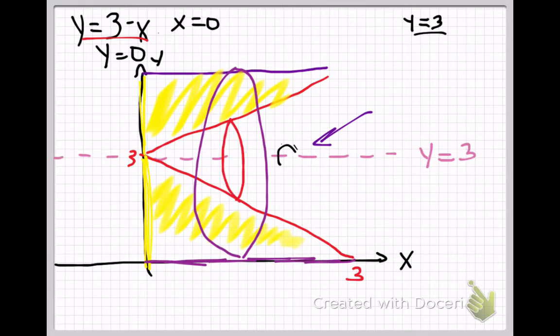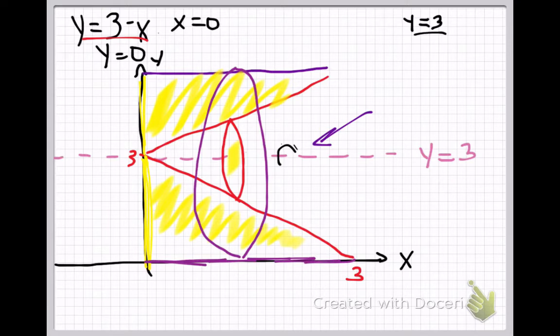This is our so-called washer. Okay, right here is empty space. So how are we going to figure out the area of this washer? Like we said in class on Friday, we are going to take the area of the bigger purplish circle, and we're going to subtract from it the area of the little red hole that we have.